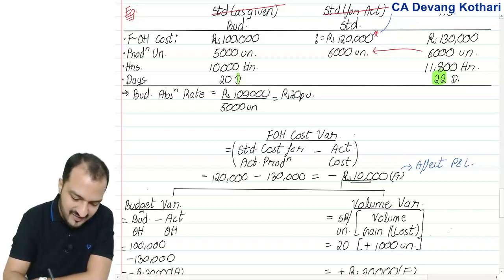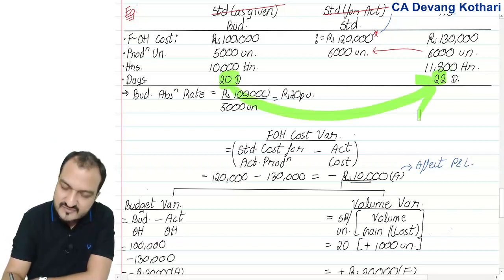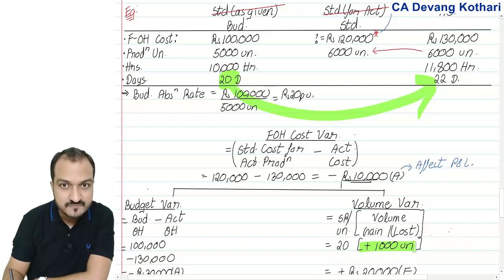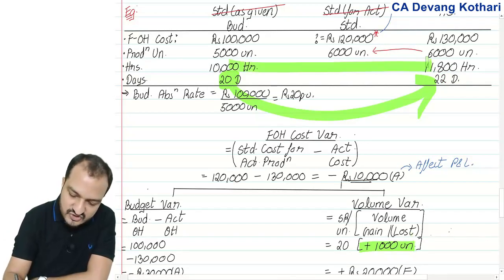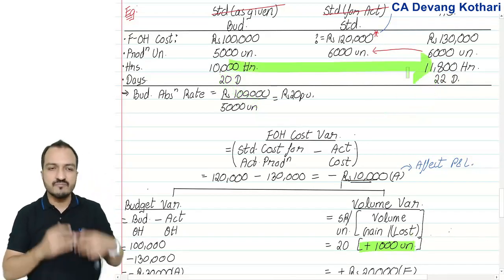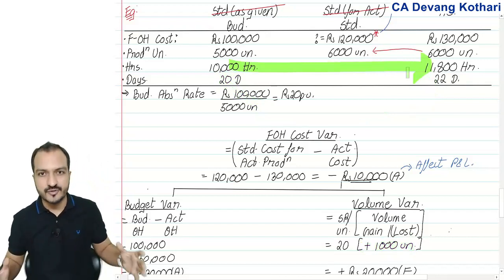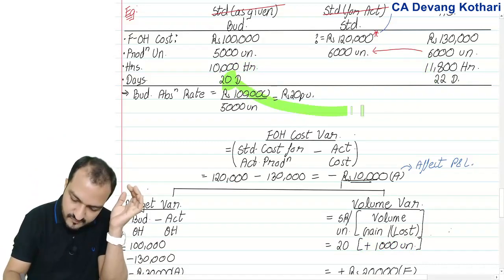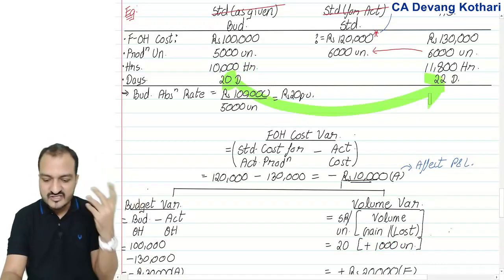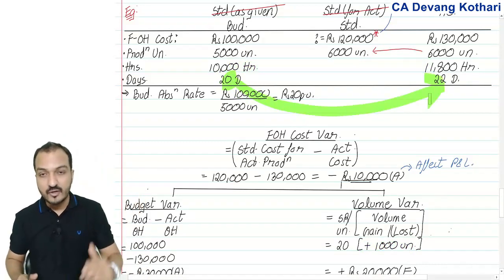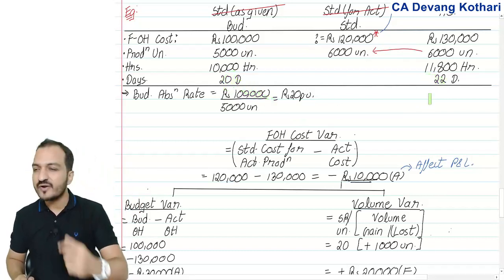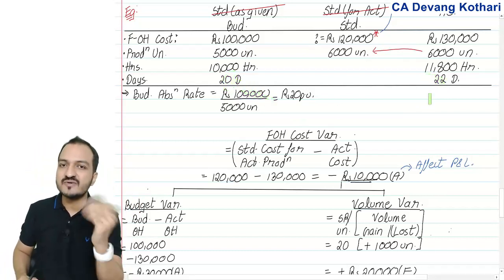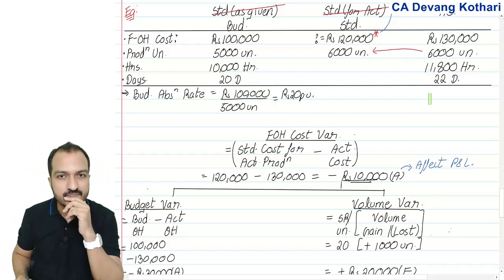So don't you think that because of extra days you got extra units? Because of extra hours also you got extra units, and because of some efficiency also you got extra units. Let us understand all of that. First, let us start from the extra days. Because of extra days, you must have got extra units, and those extra units must have given you extra recovery, right?